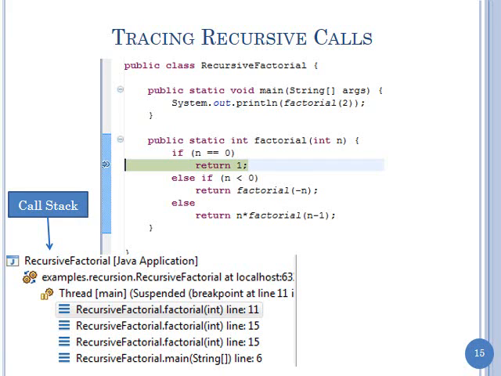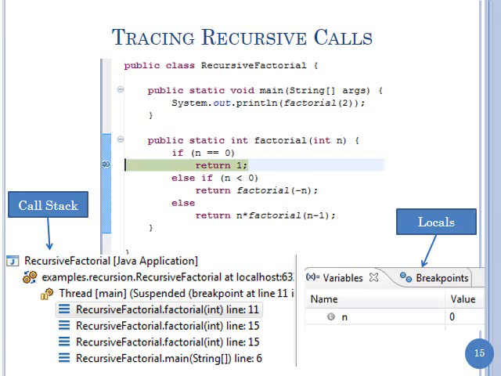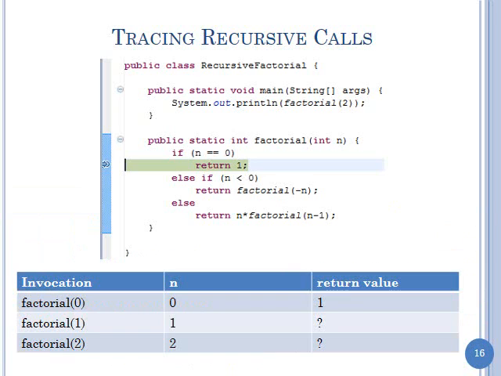And here's a call stack, just as we said. Main calls factorial, calls factorial, calls factorial. At this point, we are ready to pop the stack. So n is now 0, and we're going to return 1. So I can fill my table and say factorial 0 is 1. Now that I filled that, I can look at n star factorial n minus 1 and say my factorial 1 is 1.